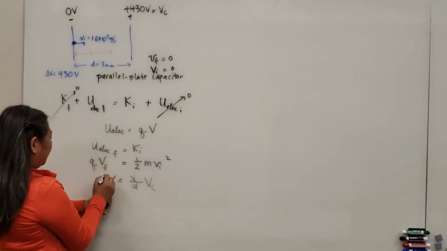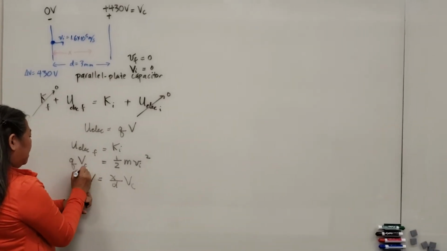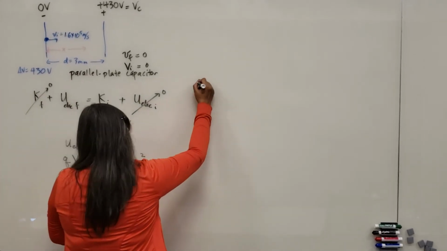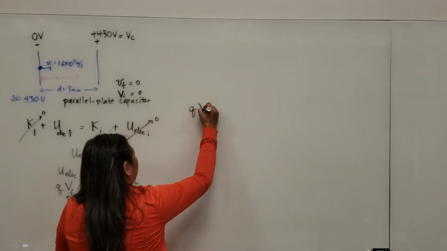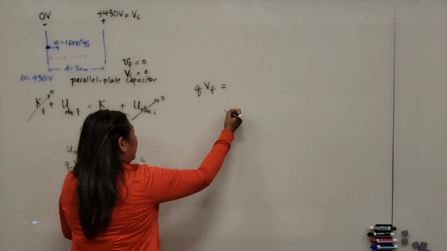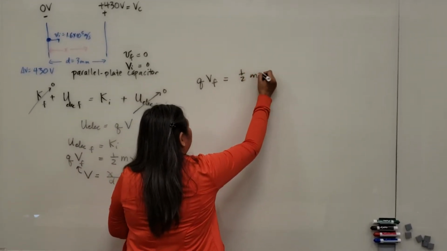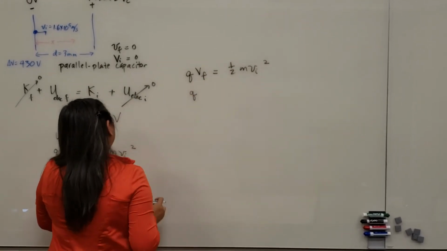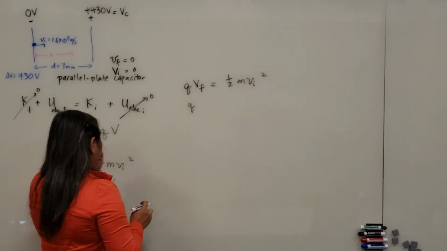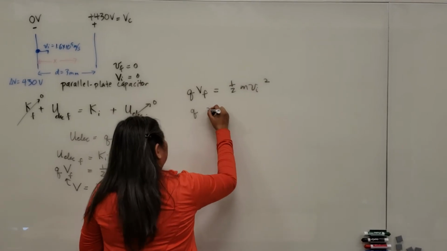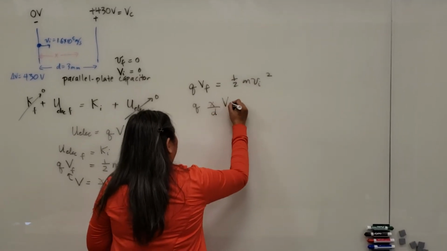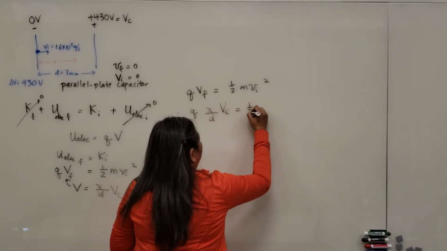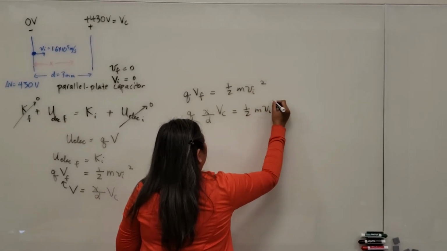If we substitute this here, we end up with q V f, I'm just going to rewrite it, equals 1/2 m v initial squared, and our potential at x, which is x over d times the maximum potential, equals 1/2 m v initial squared.